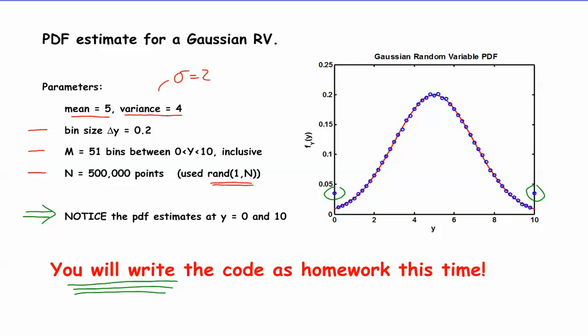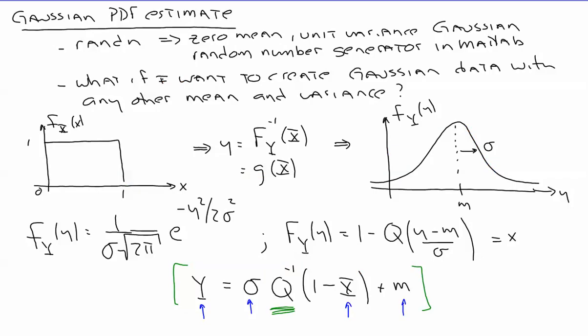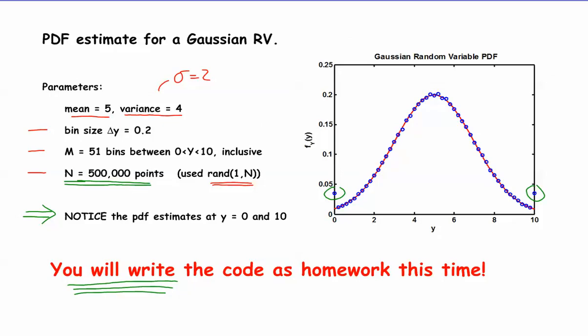Those 2 points exist because when I calculate my 500,000 points uniform on 0 to 1 and stick them into the transformation function back here, this transformation function does not guarantee me that all of the data points in y exist between limits 0 and 10. Remember, the Gaussian probability density function extends from minus infinity to plus infinity.